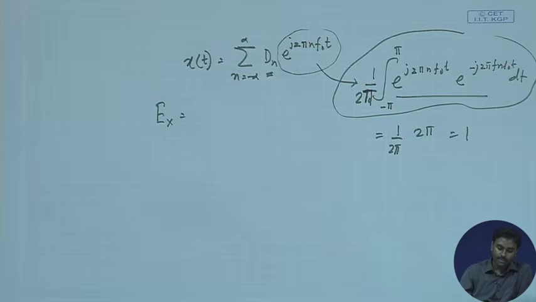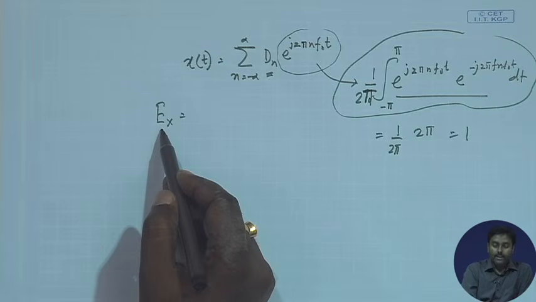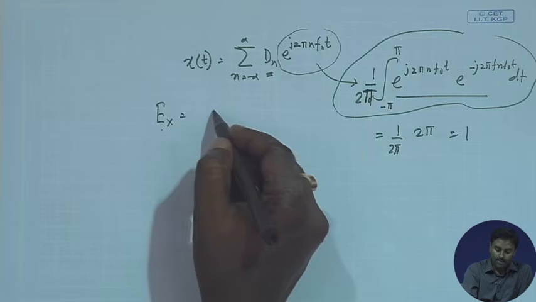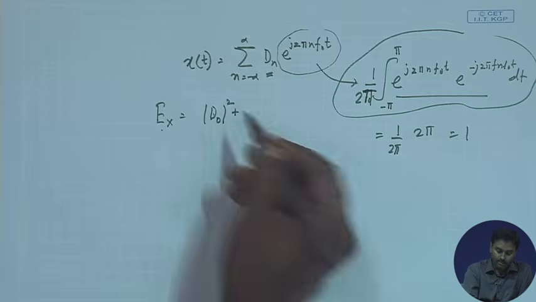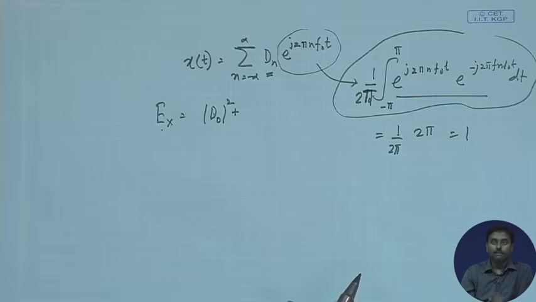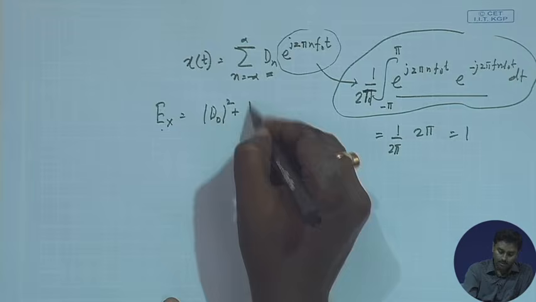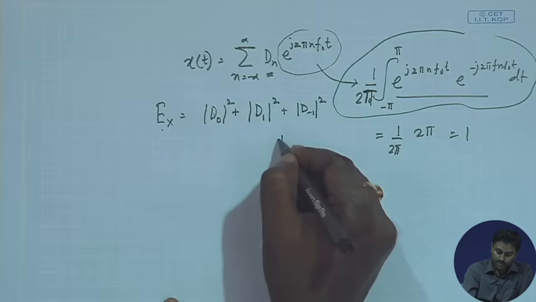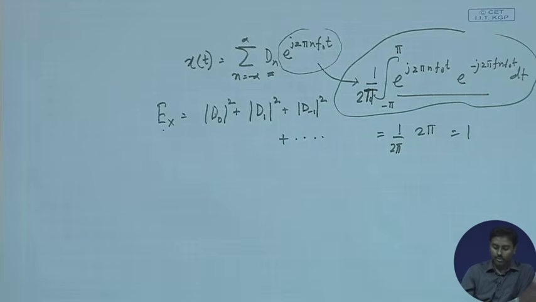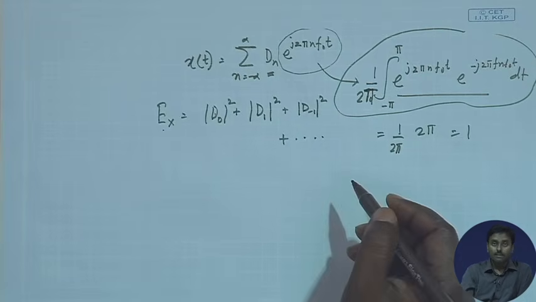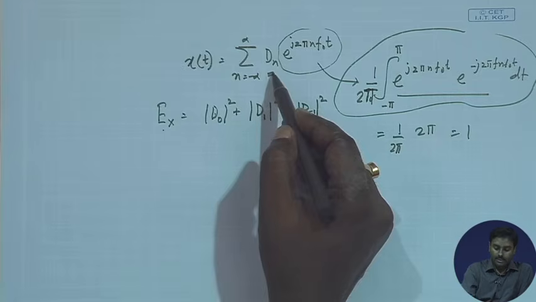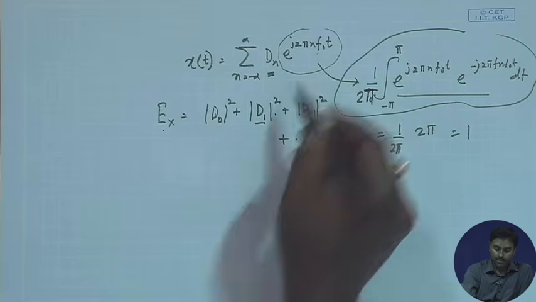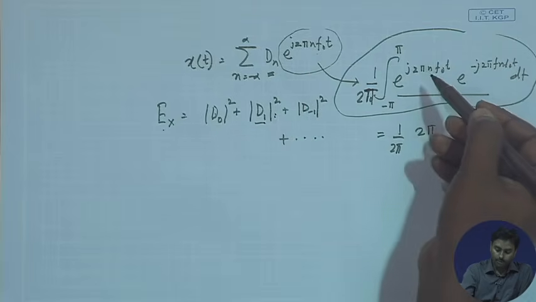Once I have got this, I know that the overall energy is the individual terms: suppose the 0th term is d0, so mod d0 square, plus d1 square plus d minus 1 square plus dot dot dot. Remember, each is the coefficient square into the energy of the first one, and the energy for any value of n is 1.